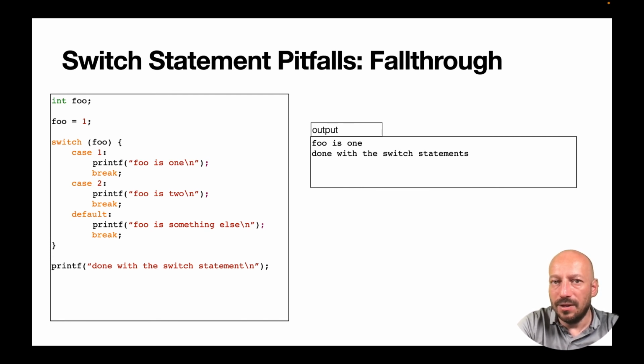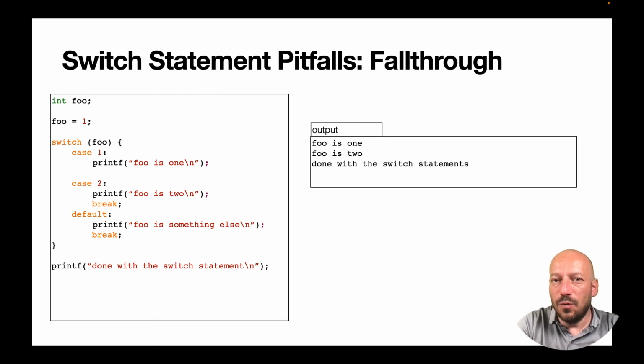And a break statement will just go to the end of the switch statement. So if you would remove this break statement, it's not an error. The statement that follows this printf for foo is 1 just would be the printf for foo is 2. So this also gets executed, and then we have a break statement which then terminates the switch statement.